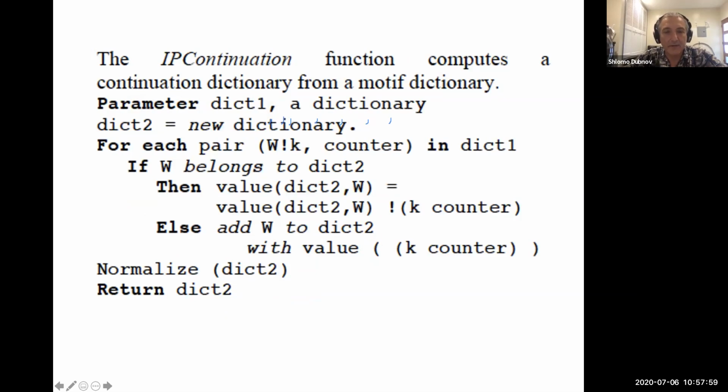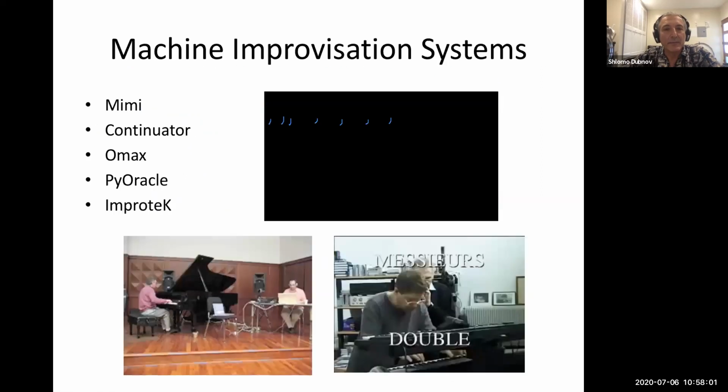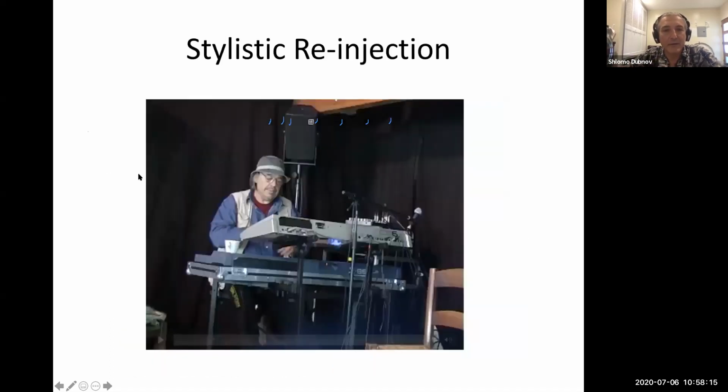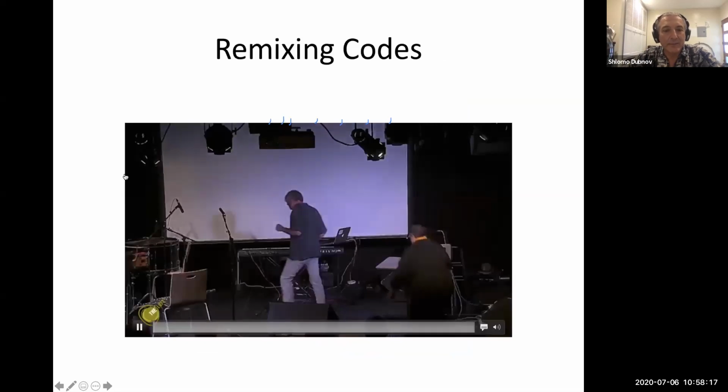So I'll return to this tomorrow, and some improvisation systems that actually use these methods to capture on-the-fly sequences from a musician, and then create continuations in the style of that musician. So this is all for next time.